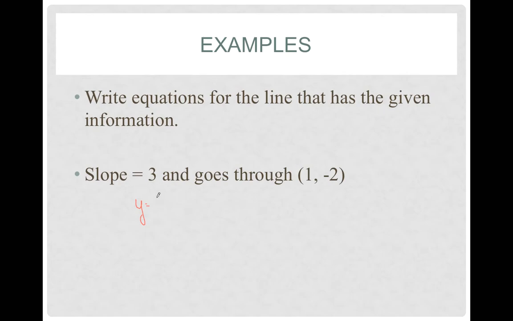So it's y equals m times x minus x1, which is 1 here, plus whatever y1 is. And if I simplified this to get it into slope-intercept form, I get 3x minus 5. So notice my slope is 3 and my y-intercept is 5.